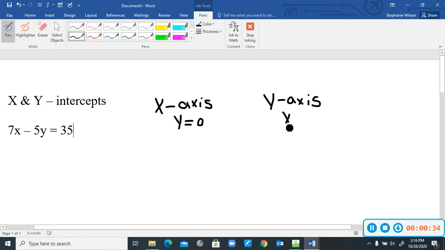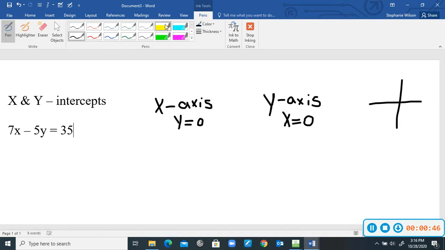So if y'all can get this down, it will make it so much easier for you when it comes time to graphing, okay? So I'm going to draw this little graph over here, kind of explain just a little bit more. My x-axis is this horizontal line that goes across.